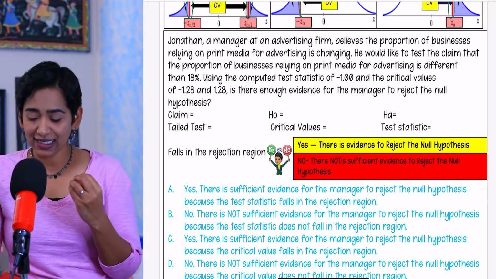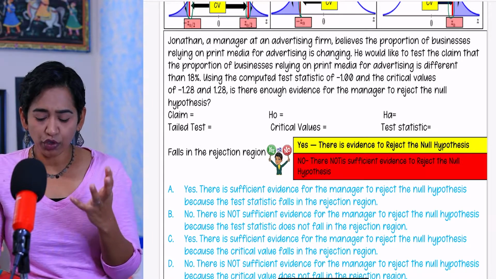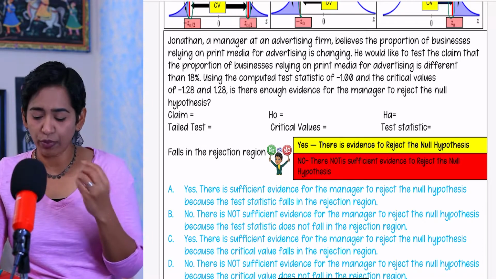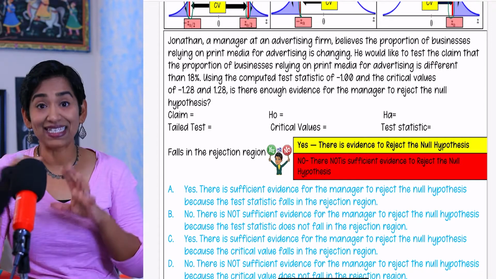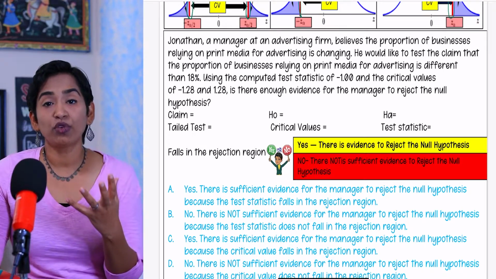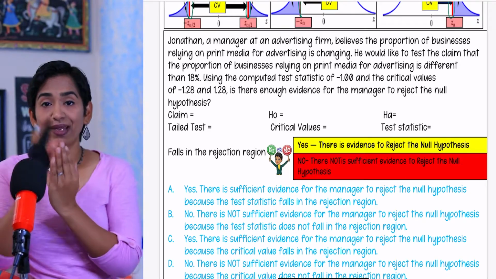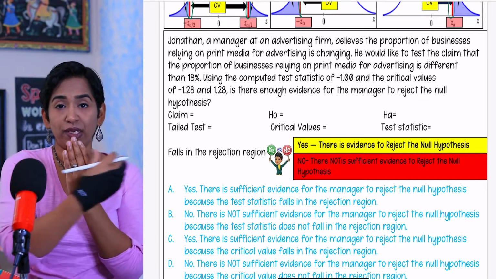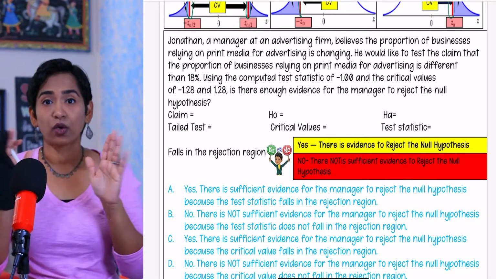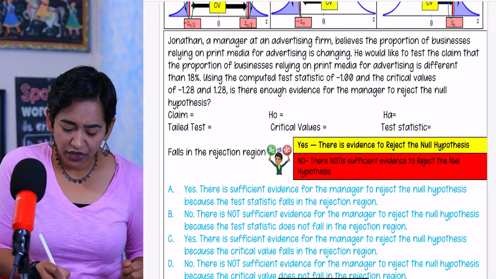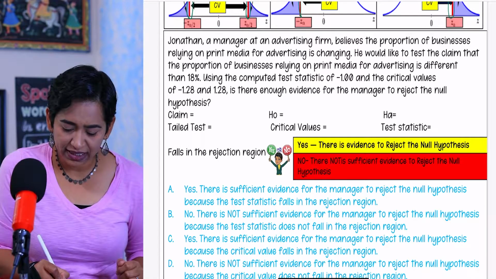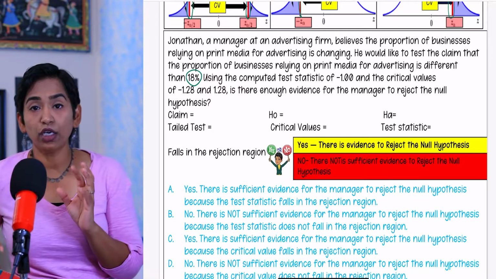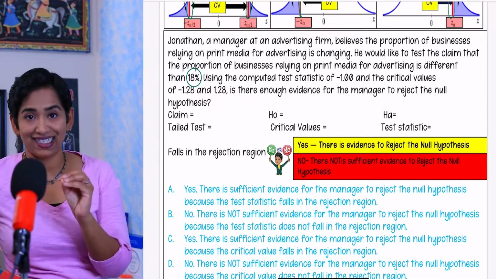He would like to test the claim that the proportion of businesses relying on print media for advertising is different. Remember what we talked about? Different doesn't mean less than. Different doesn't mean greater than. Different means not equal to. Different than 18%.